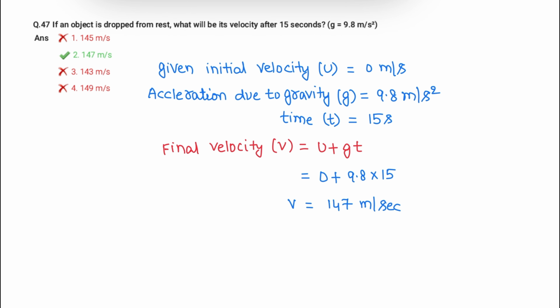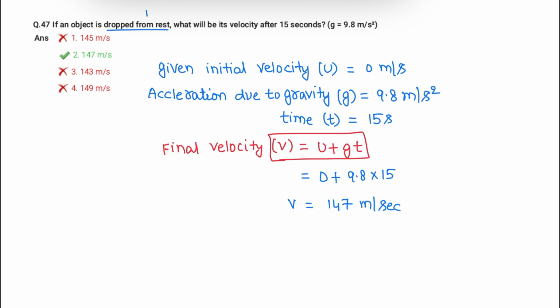If an object is dropped from rest, what will be the velocity after 15 seconds? So we know that final velocity v is equal to u plus gt, where u is the initial velocity, g is acceleration due to gravity 9.8 meters per second squared, and t is time duration in seconds. Given the initial velocity is 0 because the object is dropped from rest.